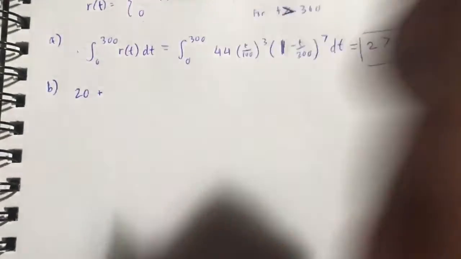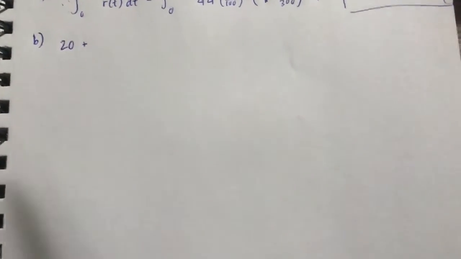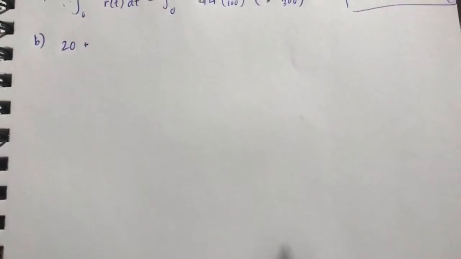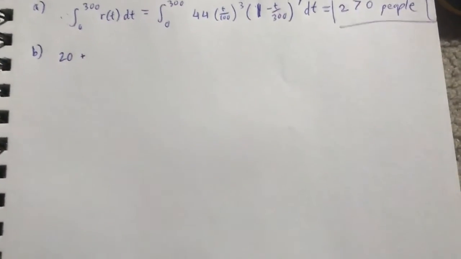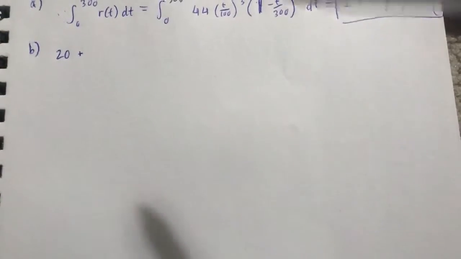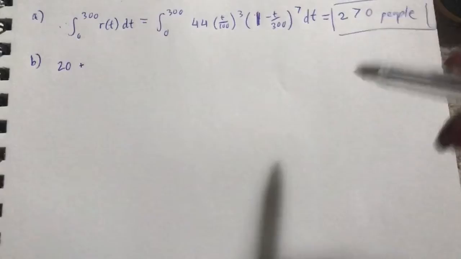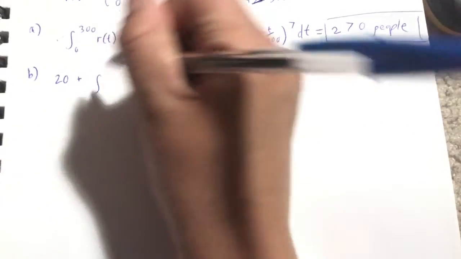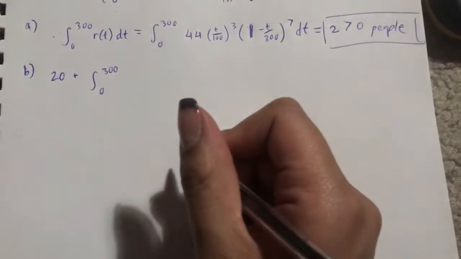And then we add the accumulation of the rate at which people entered, and we subtract the accumulation of the rate that people left. They said that people exited the line at a constant rate of 0.7 people per second. So we can use an integral to signify that whole value.